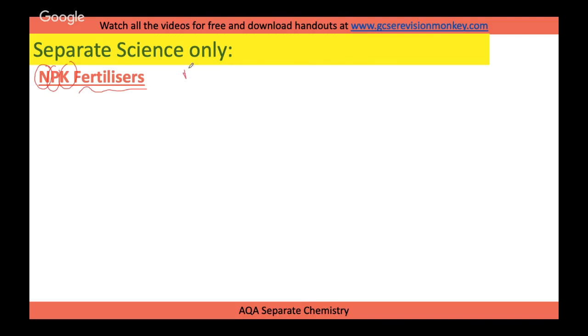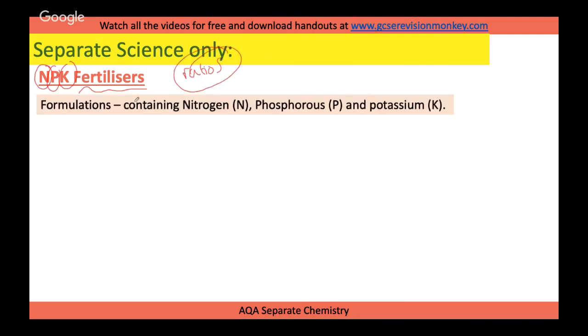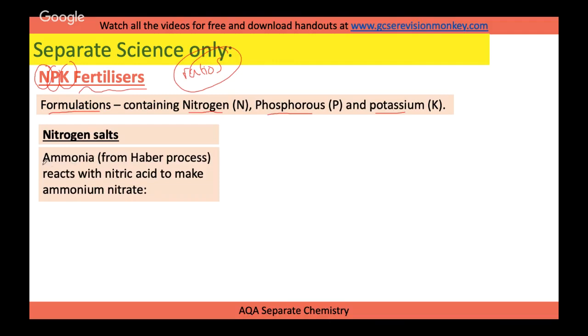That could be another maths thing that comes in, because these are a particular formulation containing specific ratios of nitrogen, phosphorus, and potassium. To get the nitrogen salts, we can use the ammonia that we've just made in the Haber process, react it with nitric acid, and then we can make ammonium nitrate, and we can put a certain percentage of that in our fertilizer.